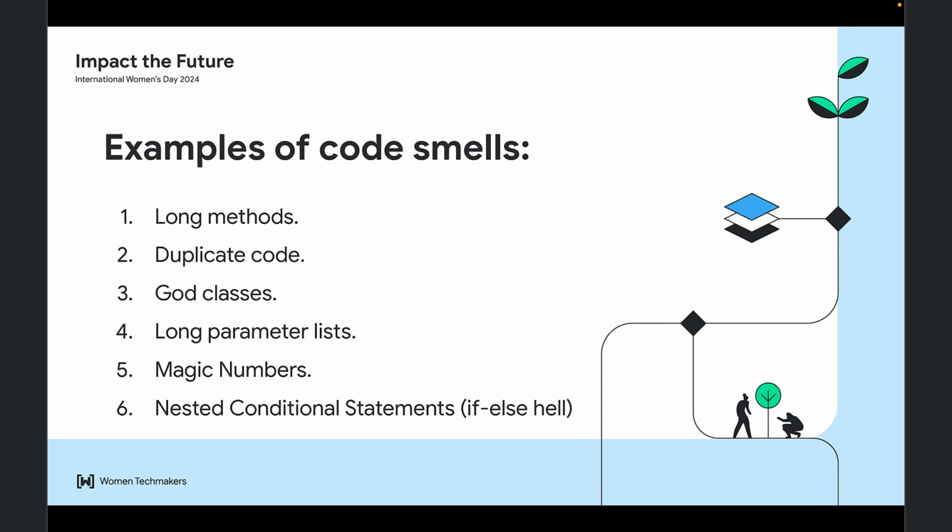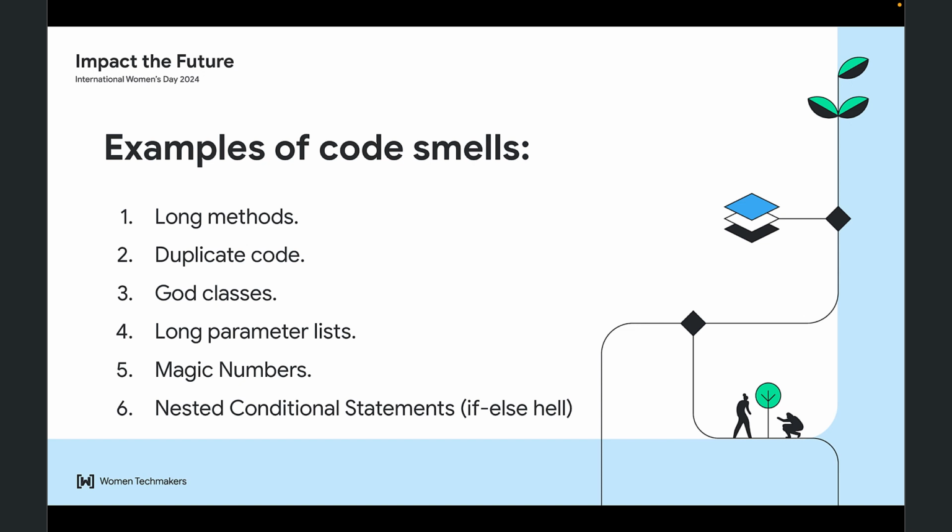So those are duplicate code. You're writing the same code everywhere, right? And then God classes. Now you have a user class that also has user payment details in it and performs payments, like maybe a monthly subscription, right? So maybe you have a class called user, and then you write renew subscription or pay subscription or subscribe in that class.